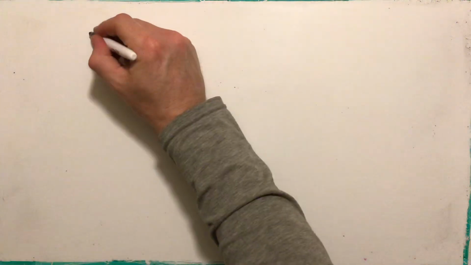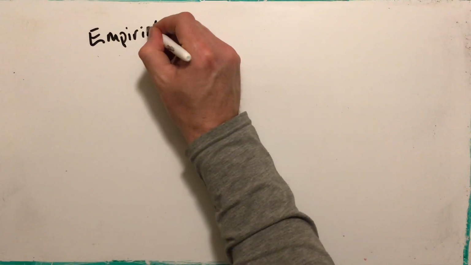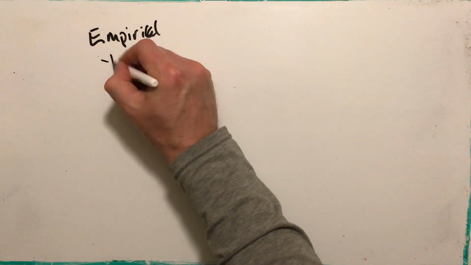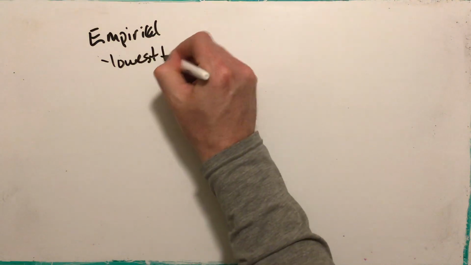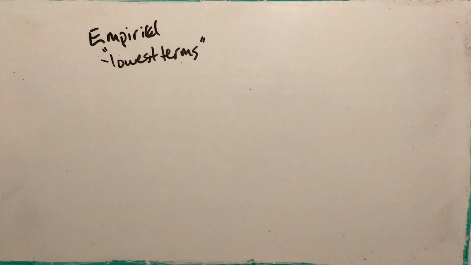Now, what I'm going to do is I'll do the questions. The first question is, what's the difference between empirical and molecular formula? Well, we said empirical basically was the lowest terms, and I forgot the letter C. So this is the lowest terms type of formula.